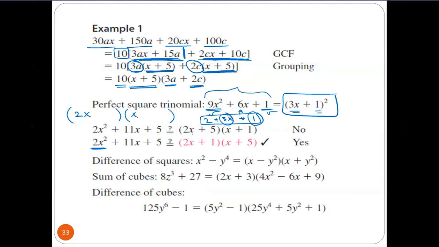Now, we need to search for two numbers that multiplied together equal 5. We have 5 and 1, or negative 5 with negative 1. So, we try now. We cannot put negatives because we have positive here.